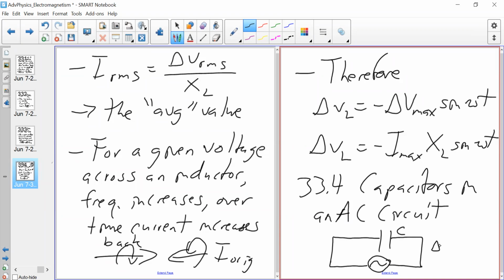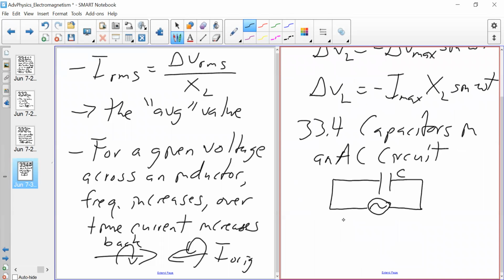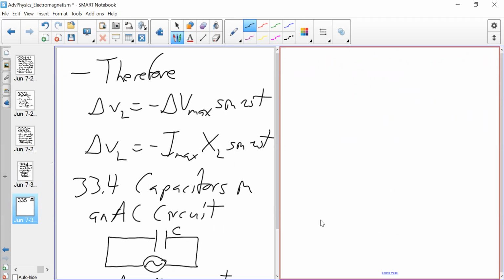And so my voltage is going to be, again, a maximum amplitude, delta V max, sine omega t. Let me write that larger someplace else. It's a sine function, and the amplitude is V max.